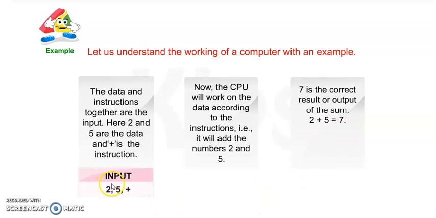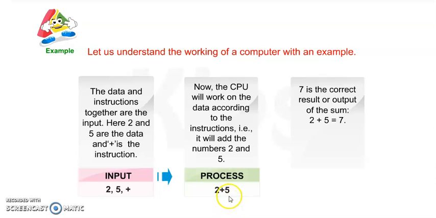It means inputs are 2, 5 and plus. 2 and 5 are the data and plus is the instruction. What do we want to do with 2 and 5? We want to add 2 and 5. This is the input. Now next, what processes 2 plus 5, and we will get the output. The answer is 7. We will get the output 7.